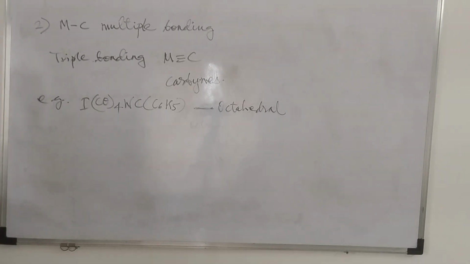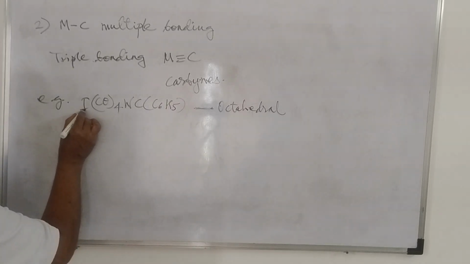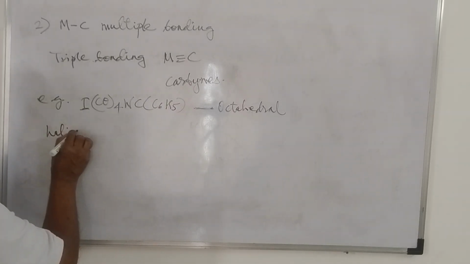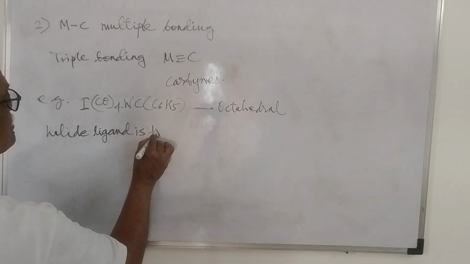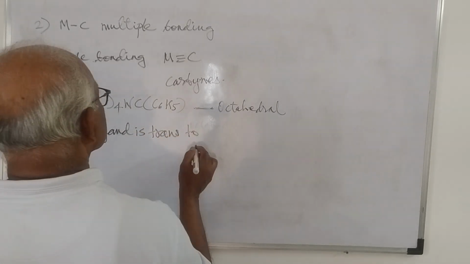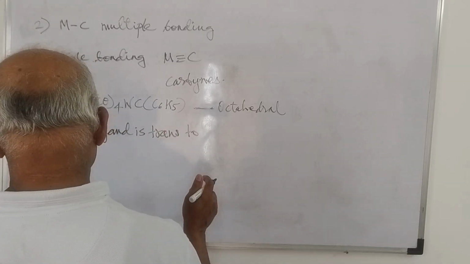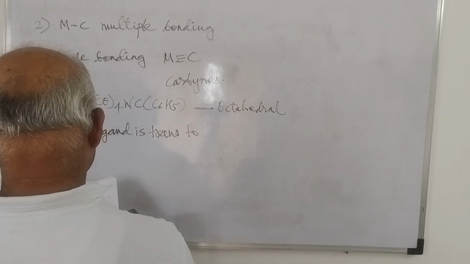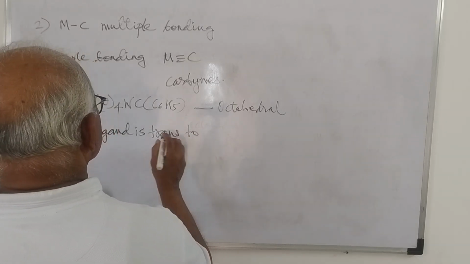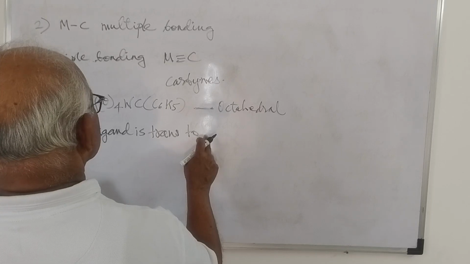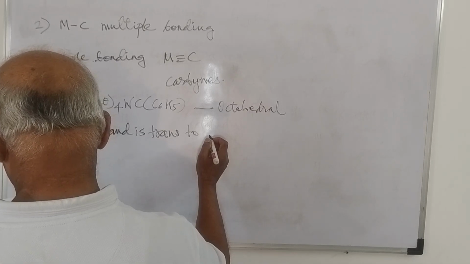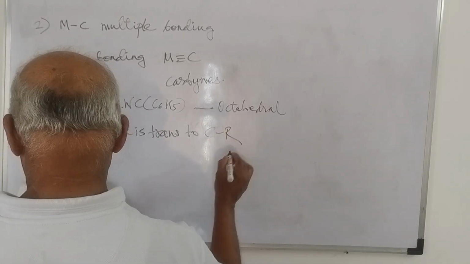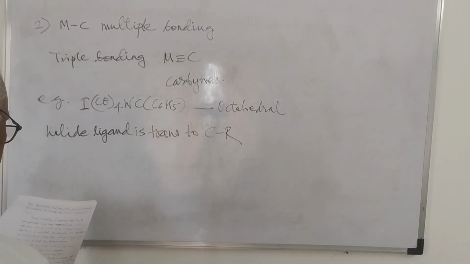Here we generally find that this halogen, the halide ligand, is trans to the carbyne group, trans to the CR group, and the dimensions are like this.